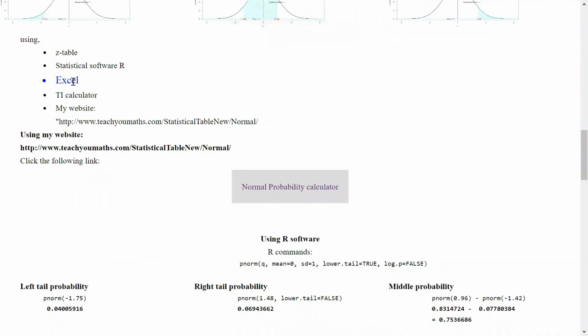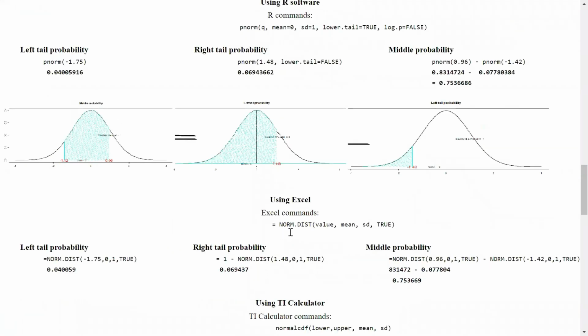Let's go with Excel to find these probabilities. The command is norm.dist. Inside the parenthesis, the arguments are value, mean, SD, and true. This true logical argument is for cumulative probability.